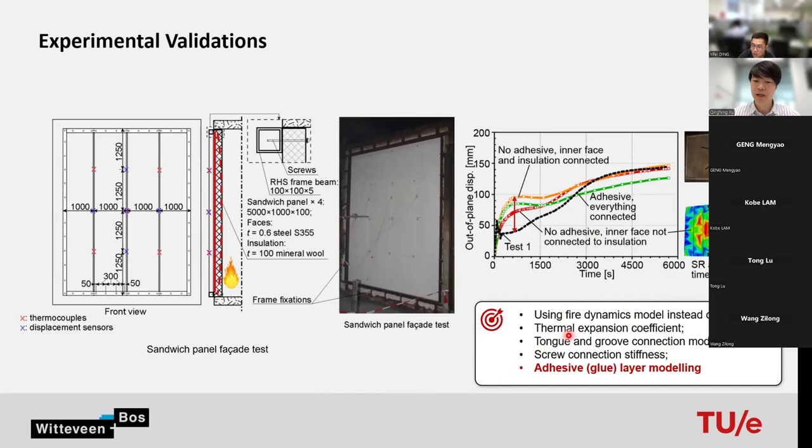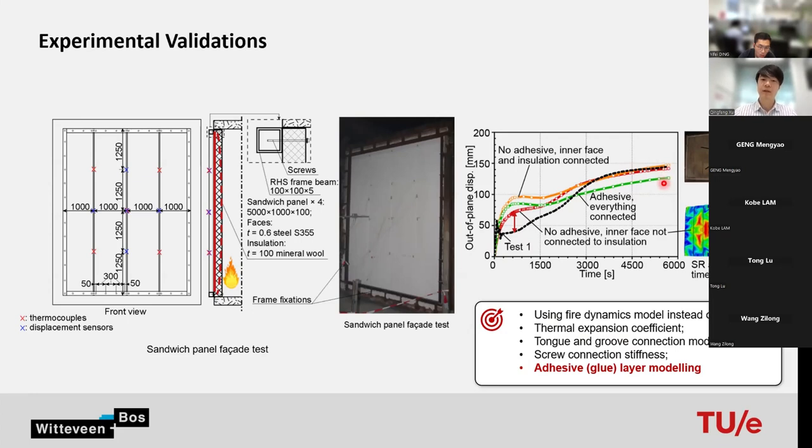And finally, I changed the modeling method for the glue layer, because the assumption for the center panel is always that the steel surface is closely attached to the insulation layer. But when I tried to lose the connection between the steel surface and the insulation layer, I found the difference decreased a lot without influencing the final results in our model.